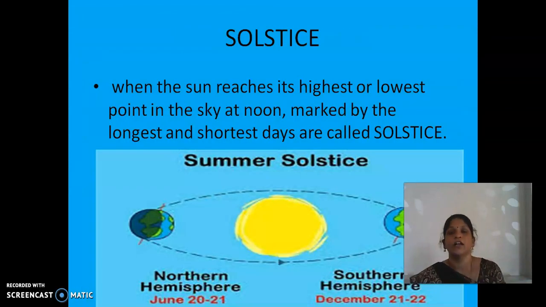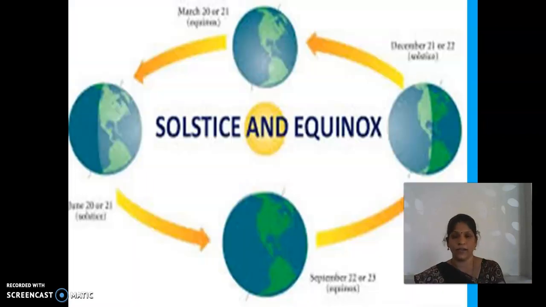Yes, children. Solstice, when the sun reaches its highest or lowest point in the sky at noon, marked by the longest and shortest day, is called solstice. When the northern hemisphere receives more sunlight, that is summer, that time summer solstice is experienced in the northern countries.